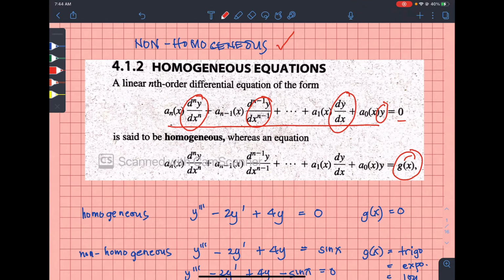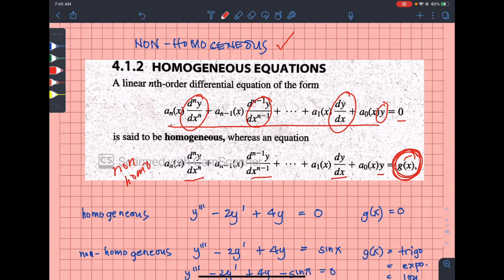But if the differential equation contains the dependent variable y and its derivatives, and at the same time contains g of x, an additional function other than the dependent variable and its derivatives, then that is considered non-homogeneous.